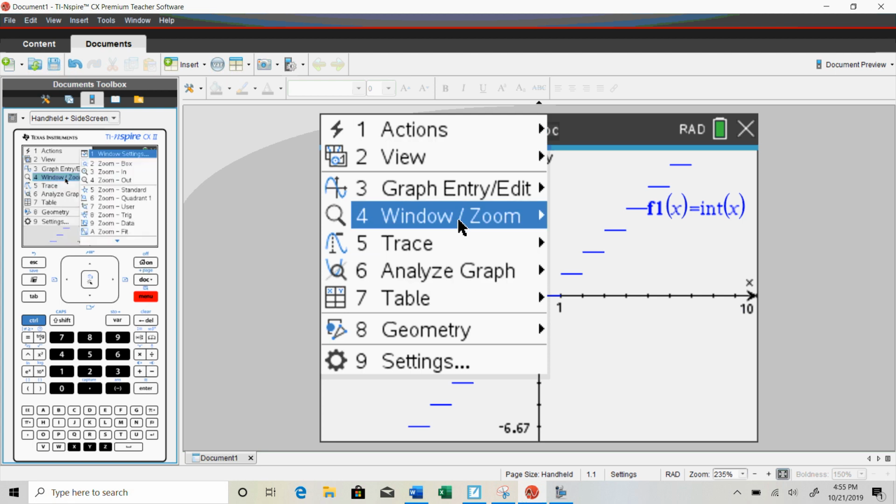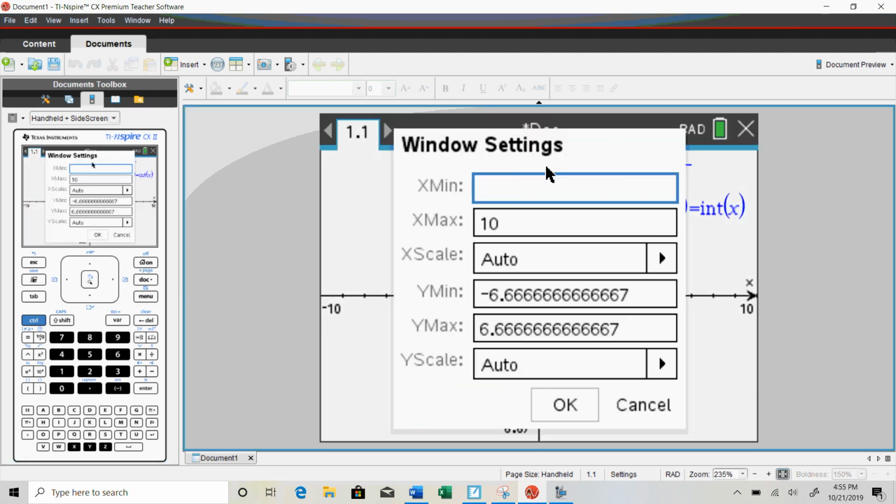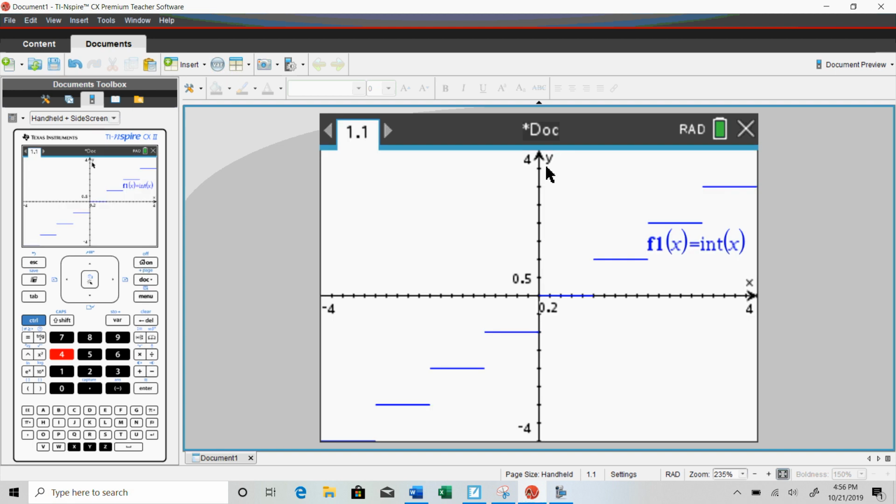Menu, window zoom, window settings, and let's go from negative 4 to 4 and then negative 4 to 4. So we're seeing here a horizontal piece between 0 and 1, and then another horizontal piece from 1 to 2, and then another from 2 to 3, and so on. So this is what the greatest integer function looks like.